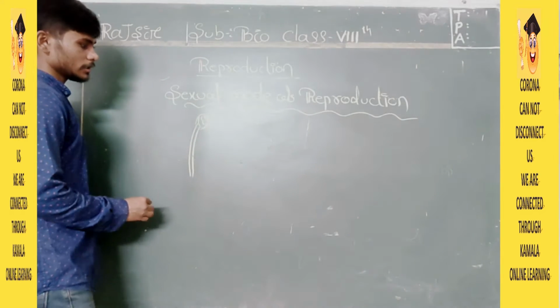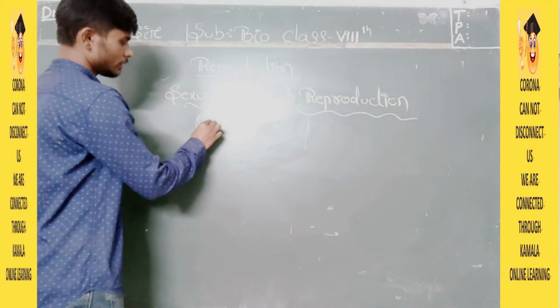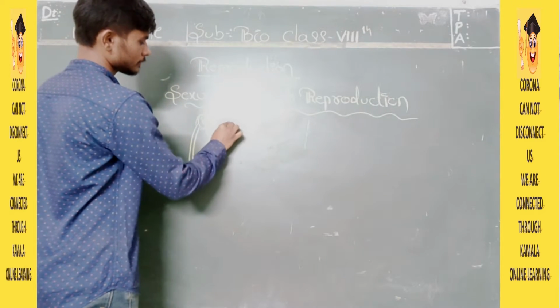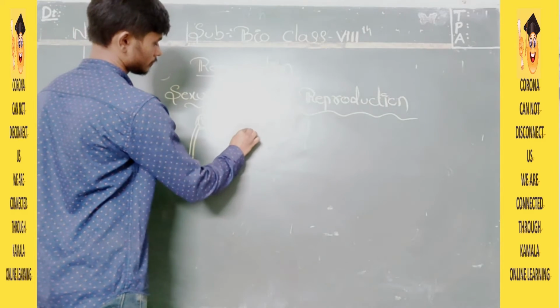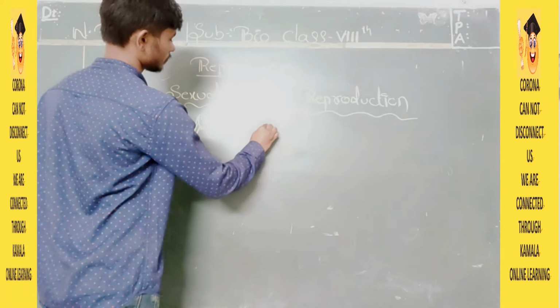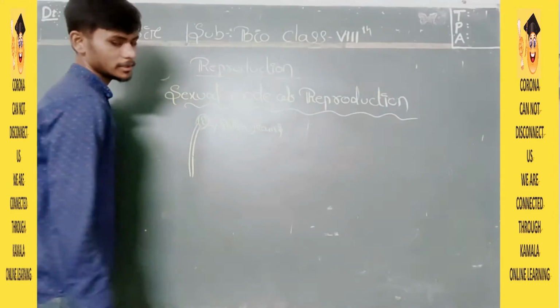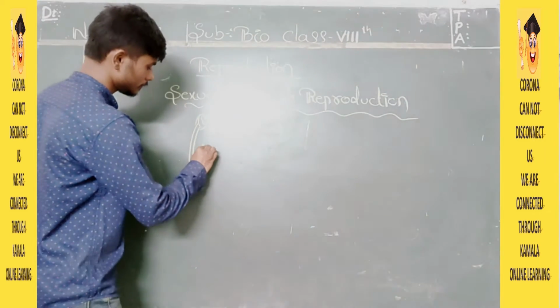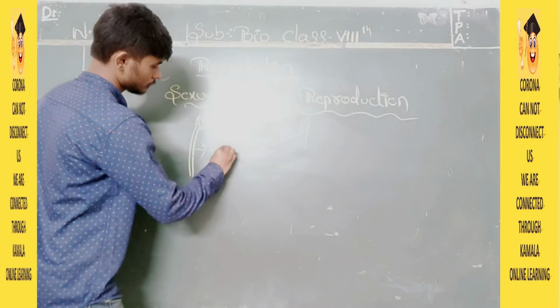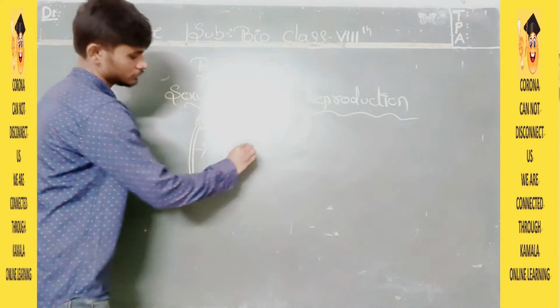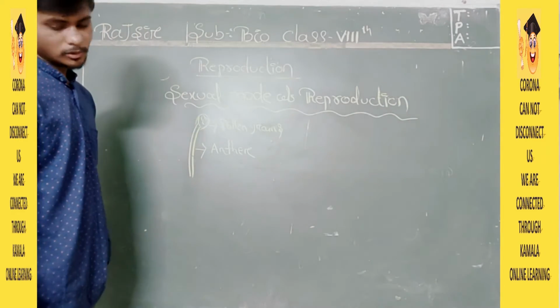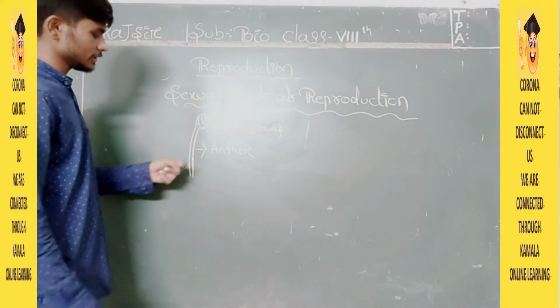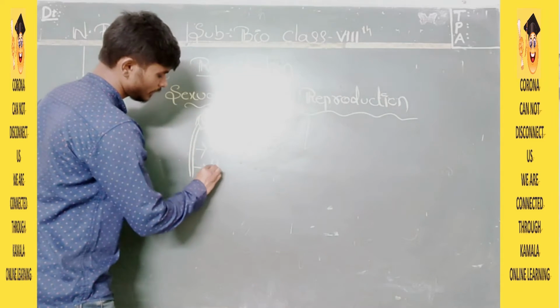where you can see the male part, which contains pollen grains, right? And these pollen grains are contained by the anther and filament. This particular form is called the anther, and this tube is called the filament.